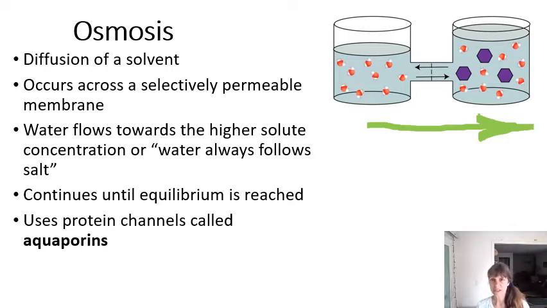When osmosis occurs, it creates pressure known as osmotic pressure and can even go against gravity. This will continue until equilibrium, which is concentration of water being equal on both sides, is reached. And you already know that water travels through special protein channels called aquaporins.